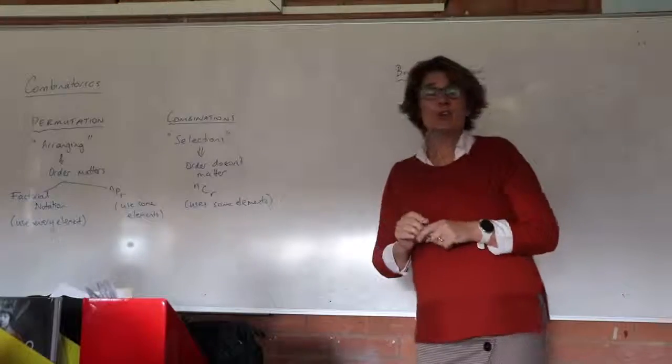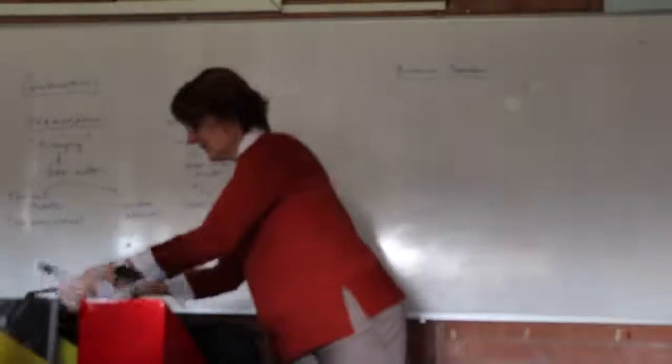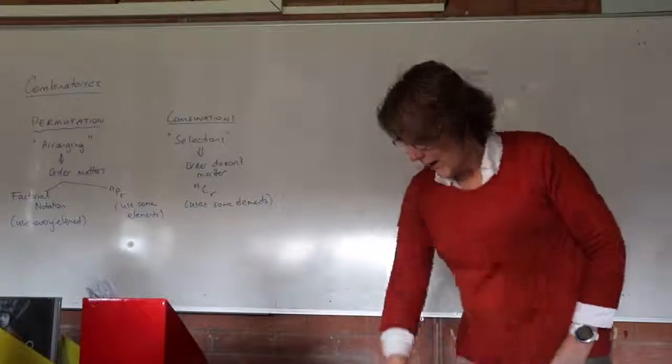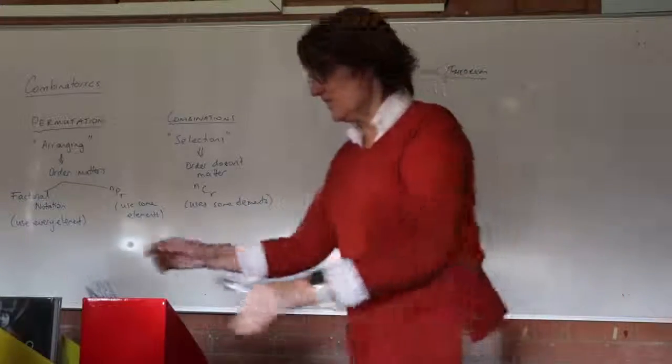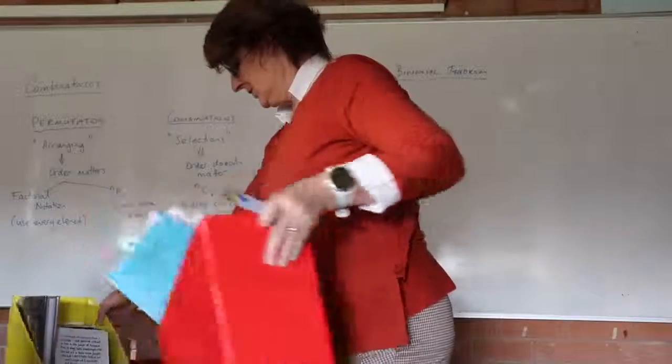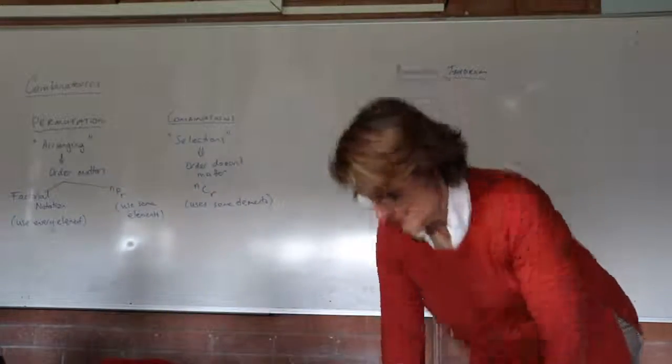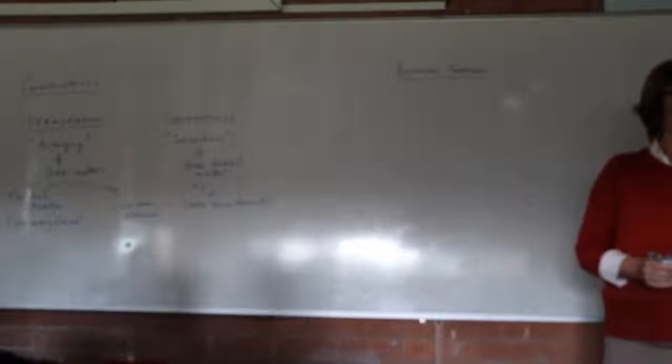In our factorial notation then, what are some of the special sorts of things that we might need to do? So repeated, like if you have a word and then repeat letters.